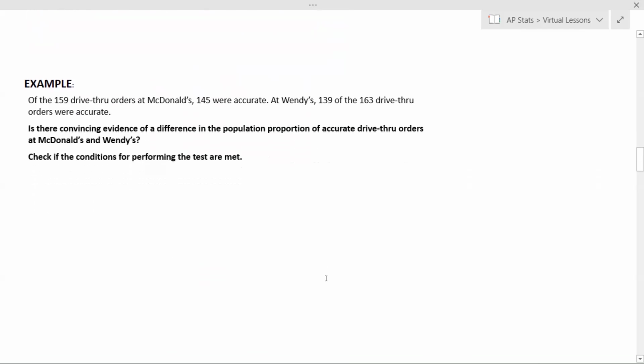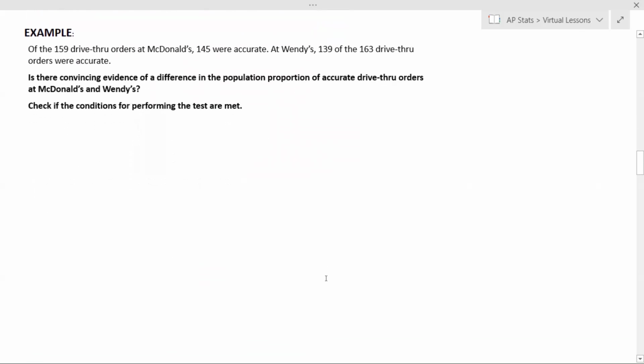All right, so let's dive into a little example here. We're throwing back to the example that we did about McDonald's and Wendy's accuracy. Of the 159 drive-through orders at McDonald's, 145 were accurate. At Wendy's, 139 of the 163 drive-through orders were accurate. We're trying to work toward determining if there is convincing evidence of a difference.